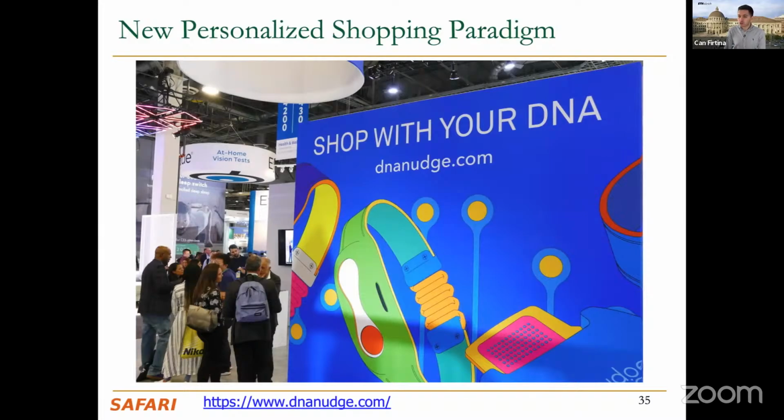And of course, another exciting application is this personalized shopping paradigm. Imagine you go to a grocery store and you read the barcode of a certain product, and you want to know whether you're allergic to it or not, or maybe you want to get more insights personalized to you. And then you read the barcode and send it to a company, again, assuming that this is all private.